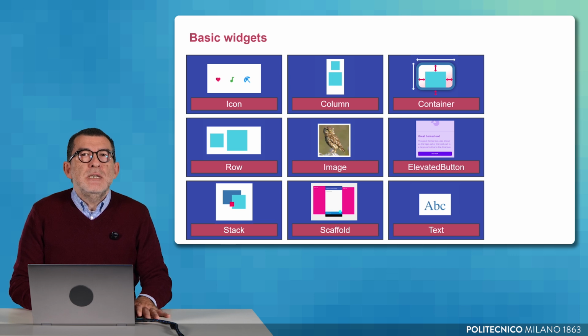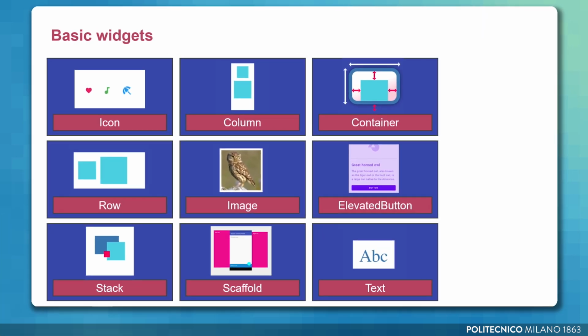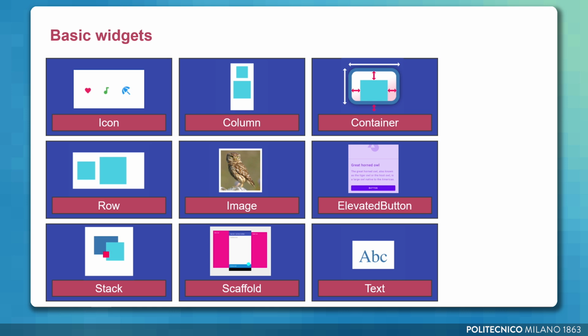Given the many alternatives, let's focus on some fundamental UI elements in Flutter. Starting with the Text widget, which we have already used, it displays strings on the screen. Next is Scaffold, a fundamental widget that defines the main layout structure of material-style apps.